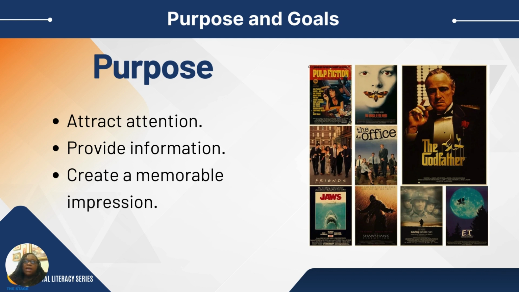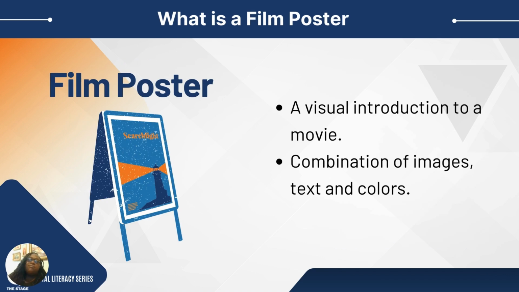If you think back, it's so many things that we see now that have been influenced by the artwork on movie posters. Now, a film poster is a visual introduction to a movie designed to sell it to people who might want to watch it, especially, of course, at the cinemas. So it's a visual introduction.